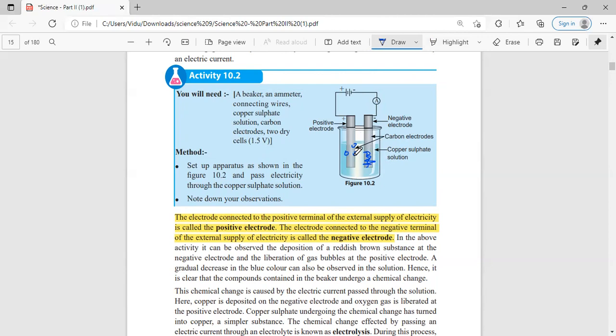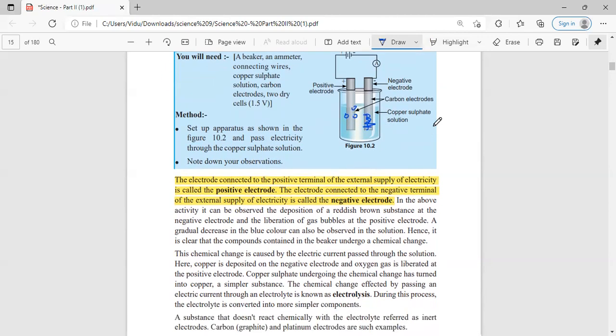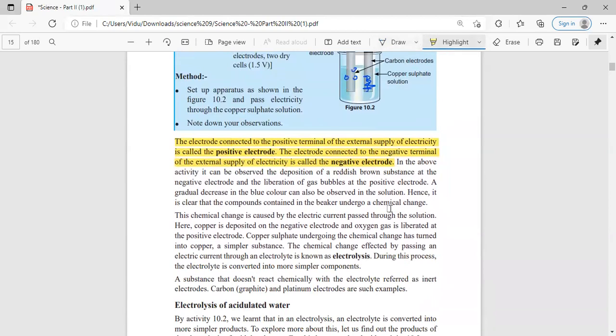Copper sulfate, undergoing the chemical change, has turned into copper, a simpler substance. The chemical change effected by passing an electric current through the electrolyte is known as electrolysis.